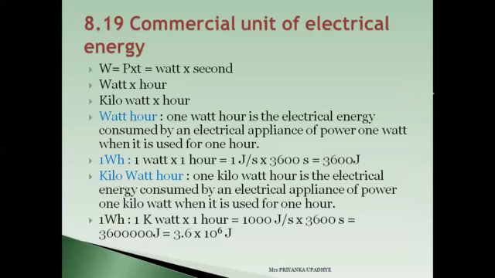Power P is measured in terms of watt, T is measured in terms of second, or it may be measured in terms of hour. P is measured in terms of watt, kilowatt or megawatt.